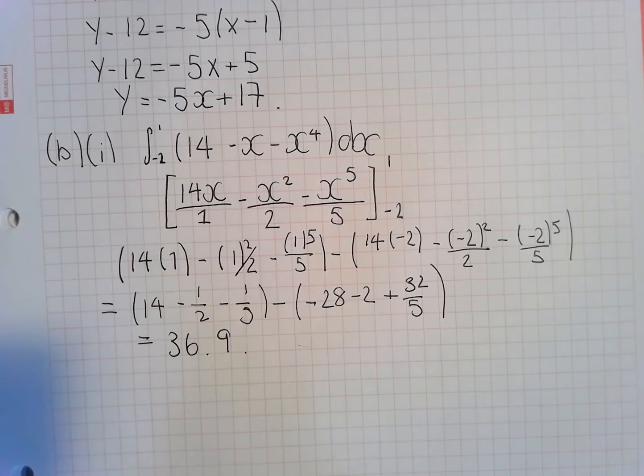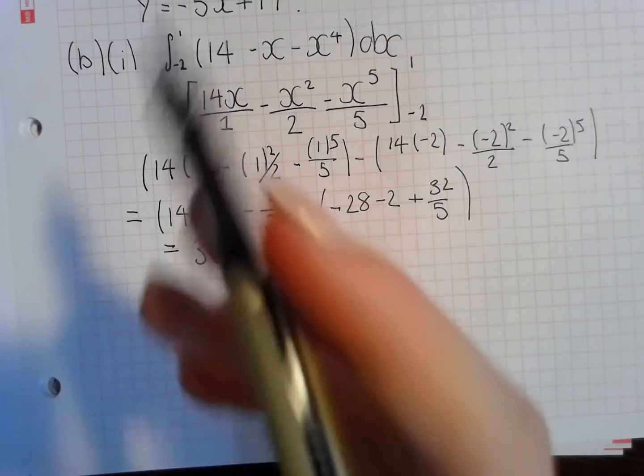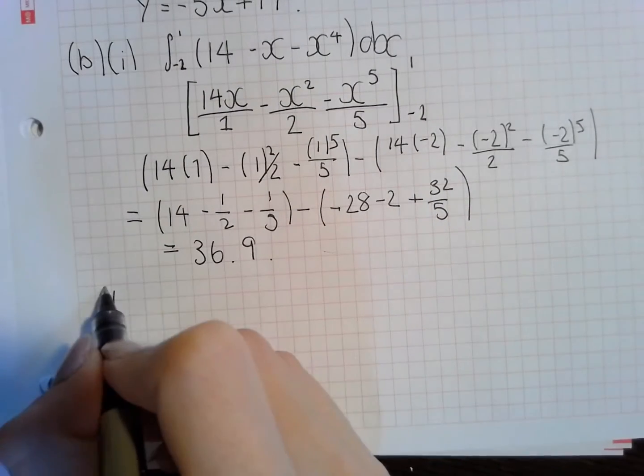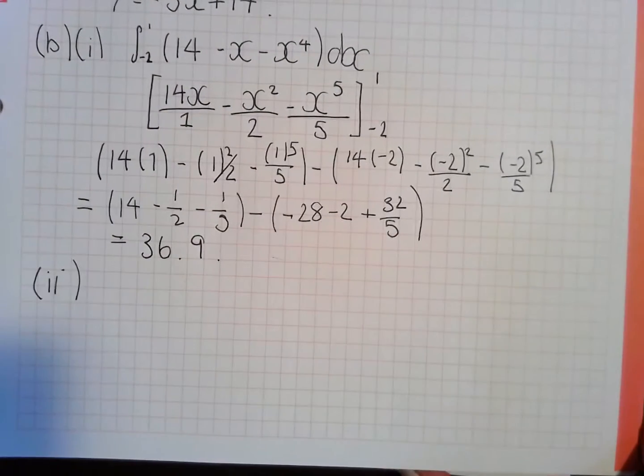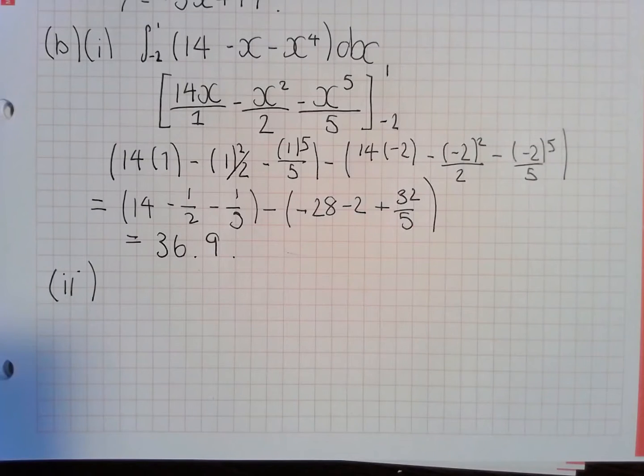The final part is part 2 of B. It says hence, again, so hence means we're going to use the part before. Find the area of the shaded region bounded by the curve y equals 14 minus x to the power of 4 and the line AP.